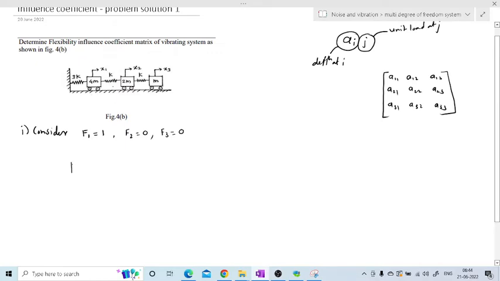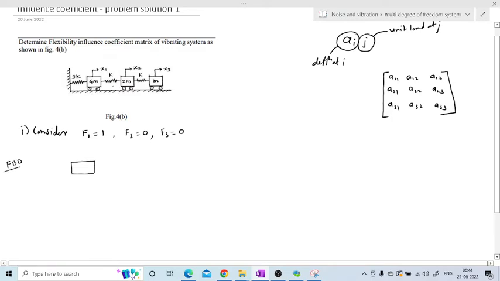So to draw the FBD, we have total 3 masses. So I'll draw the 3 blocks of 3 masses and will show the forces acting here. So how to show the force? The spring force is always opposite to displacement, the first thing.